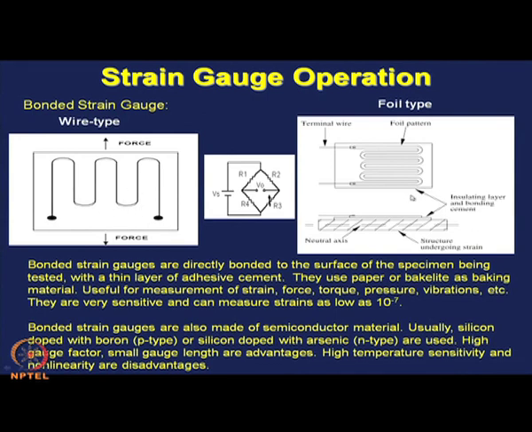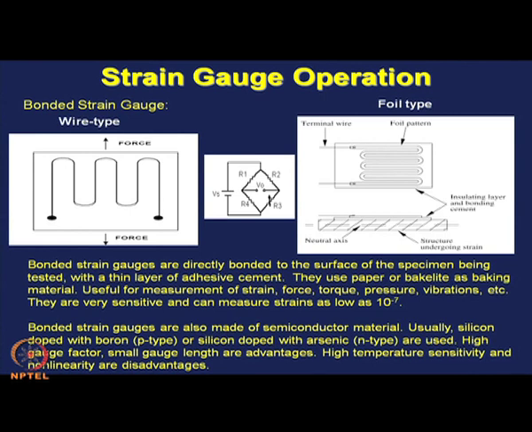These are schematics of bonded strain gauge. It can be of wire type or it can be of foil type. Bonded strain gauges are directly bonded to the surface of the specimen being tested with a thin layer of adhesive cement.